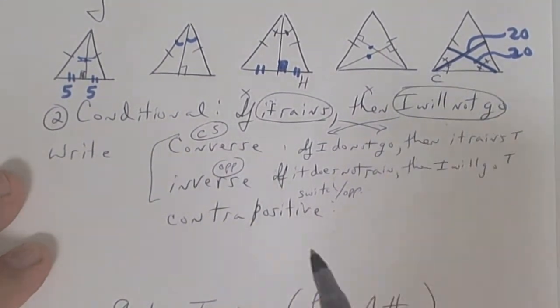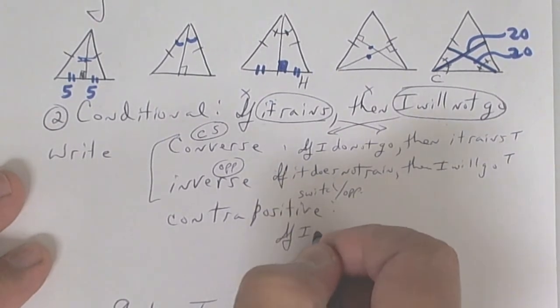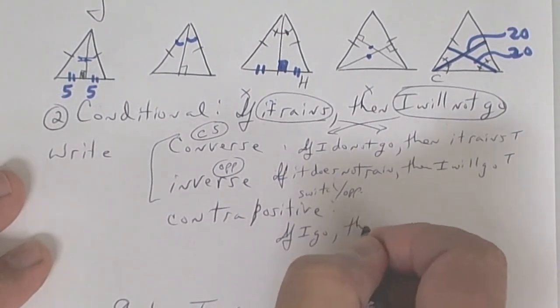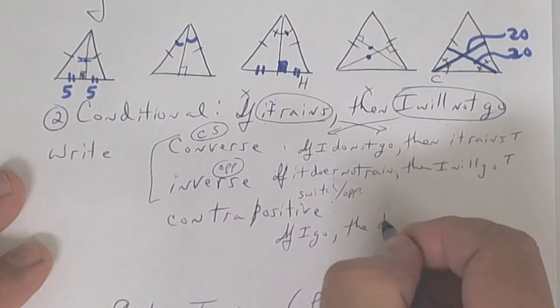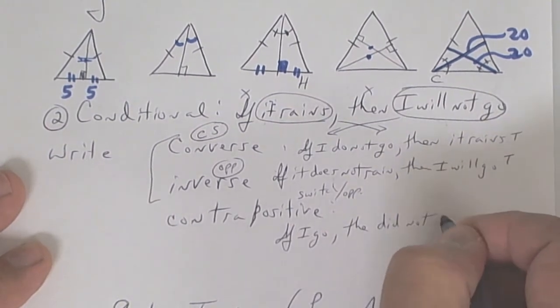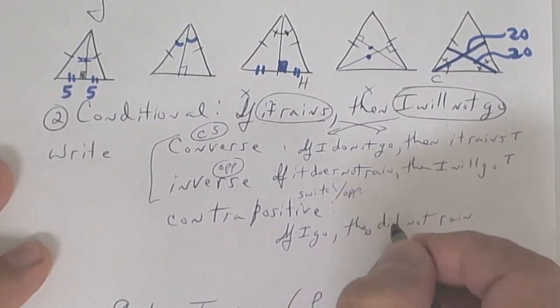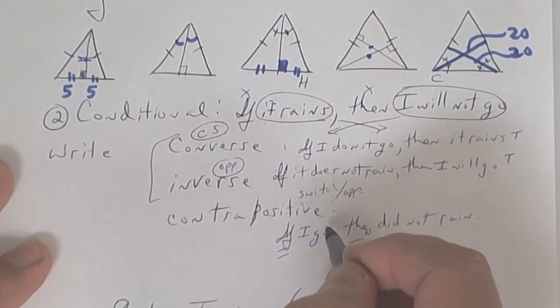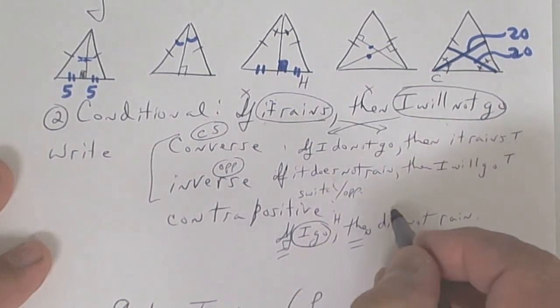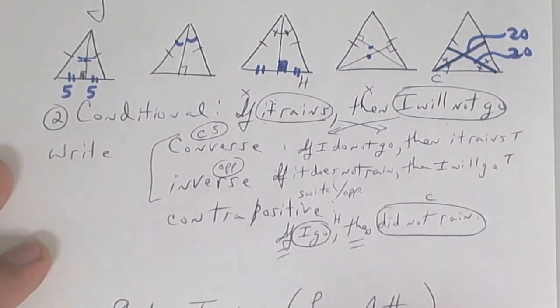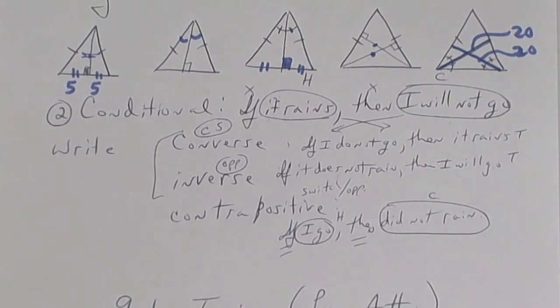So if I go, then it did not rain. And that would be the contrapositive. So that's if and then. So this is your hypothesis, and this part is your conclusion. Again, do not include the word if and then.